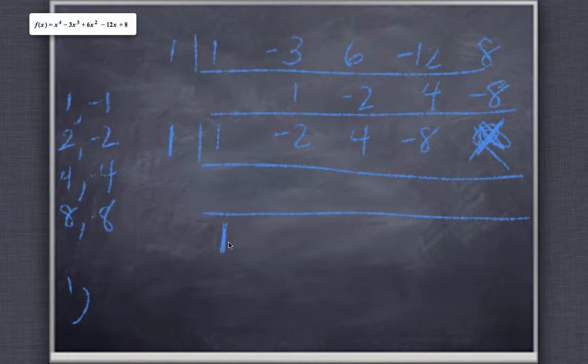So we would try 1 again. Bring down the 1, times 1, negative 2, negative 2, that's 2, 2, negative 6. So 1 does not work again. So now I can say I'm through with 1. Okay.